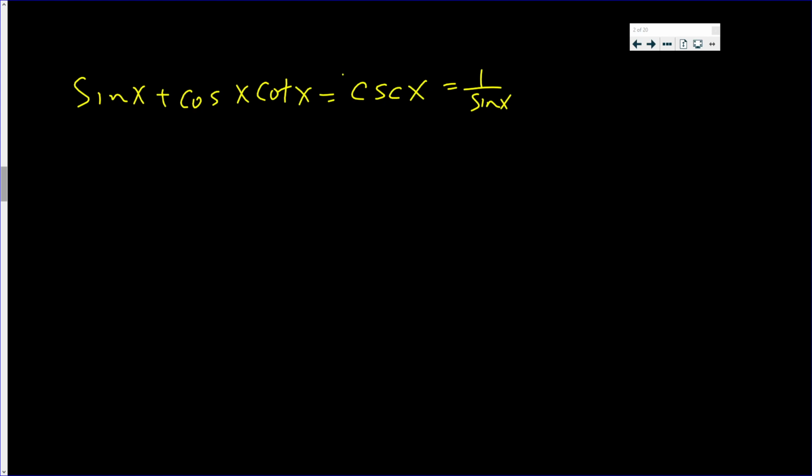Now, this side is nice and simple, or even this. It's just 1 over sine x, or cosecant x. Here we have a sum. That's more complicated. It's easier to get something complicated to look easier than to get something easy like this to look more complicated.